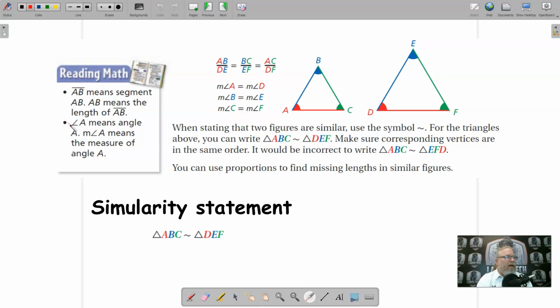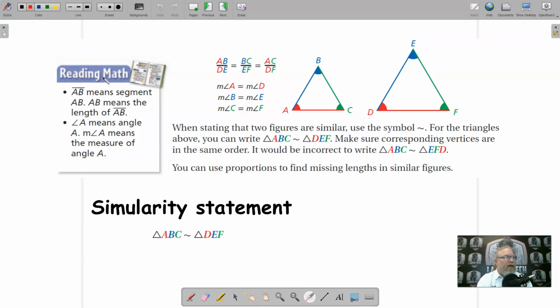Next, let's talk about angle A. This little angle symbol here, we read that as angle A. If we stick an M in front of it, then we're talking about the actual measurement of angle A. So it becomes a numerical value at that point. So M angle A means the measurement of angle A. And we can see that in our illustration here. We're saying that the measurement of angle A is equal to the measurement of angle D. So angle A and angle D have the same measurements.